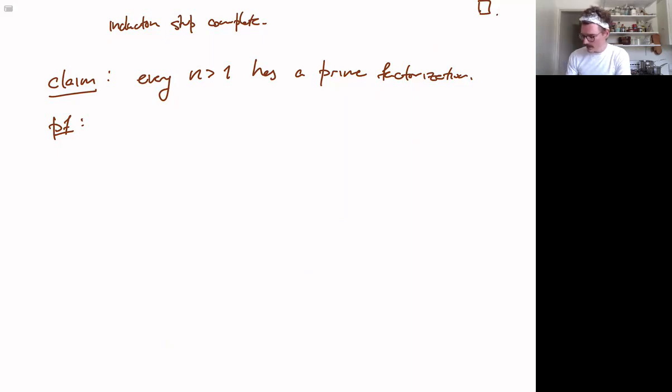So the base case. What is our base case? Well, we're saying that every integer greater than 1 has a prime factorization.